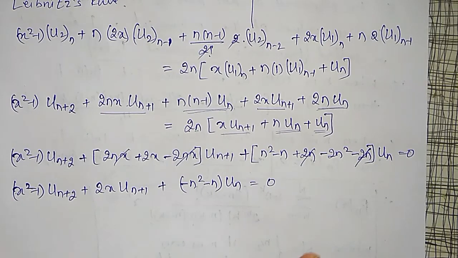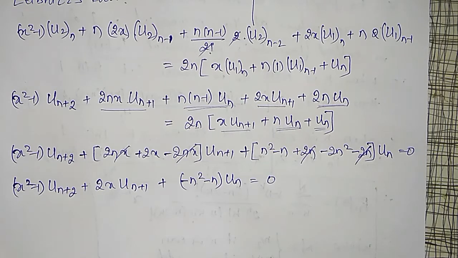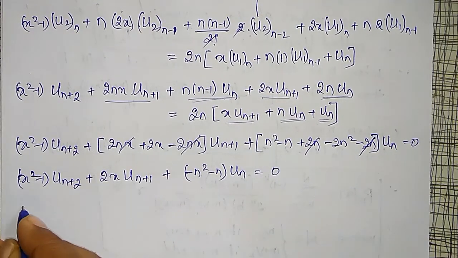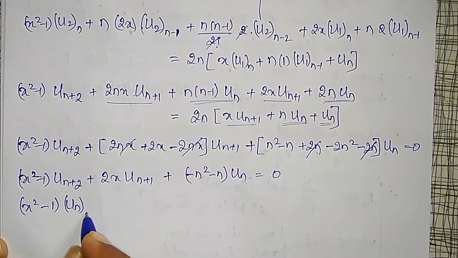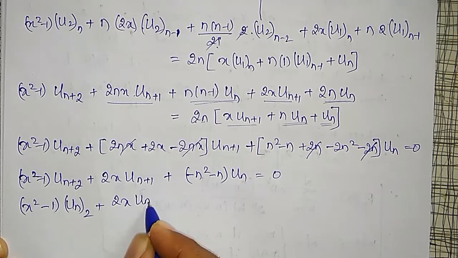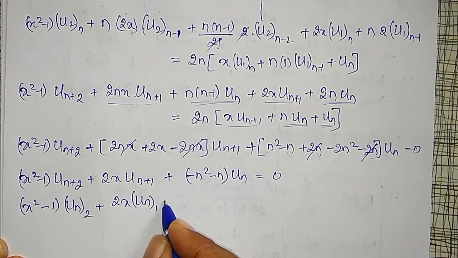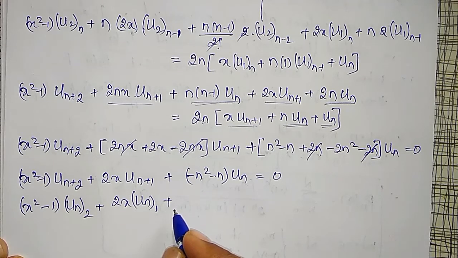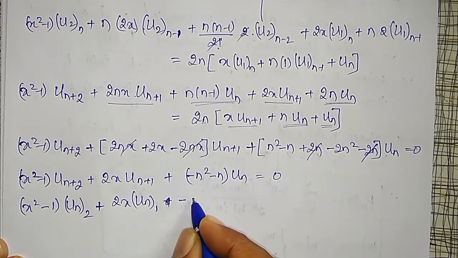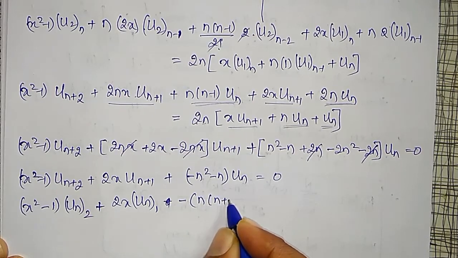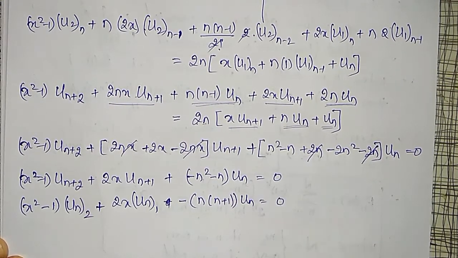I am rearranging this as x square minus 1 into un of 2, plus 2x into un of 1, plus minus n into n plus 1 into un equal to 0.